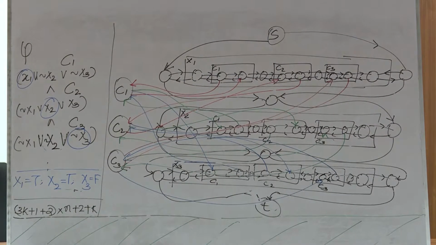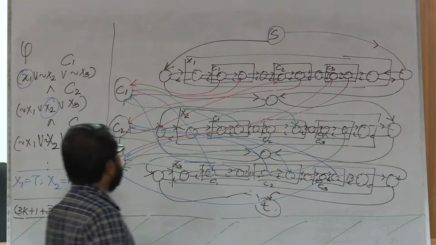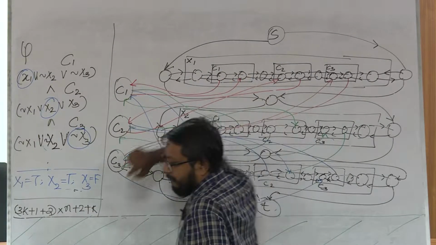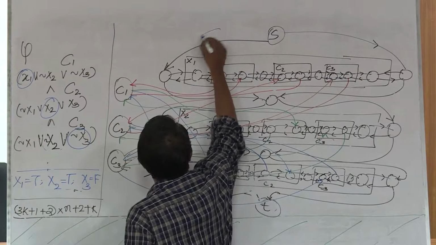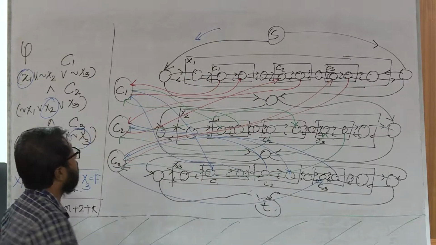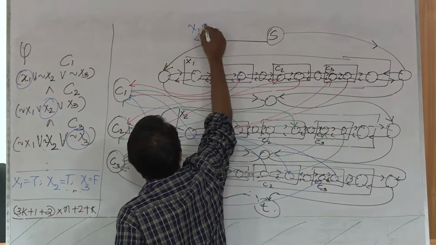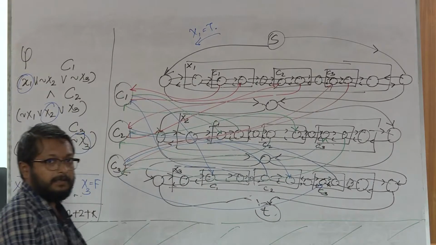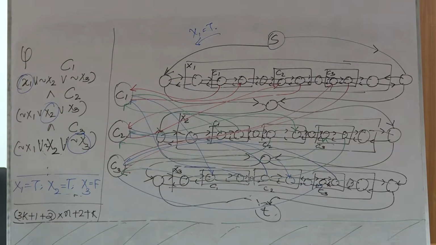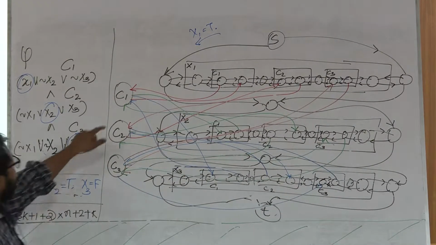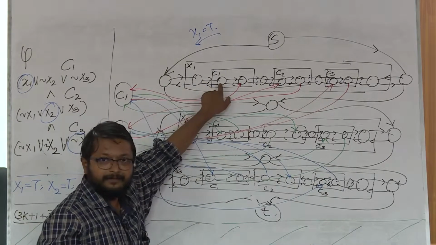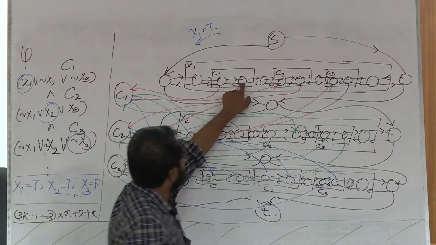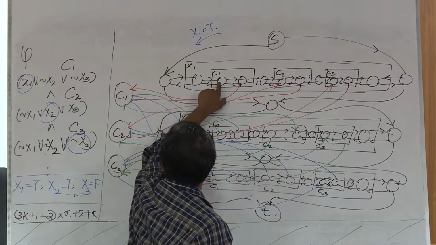So, if x1 is equal to true, I enter this way, because x1 is true. Now, I reach here through the left. Before proceeding, I check whether x1 in C1 is marked.